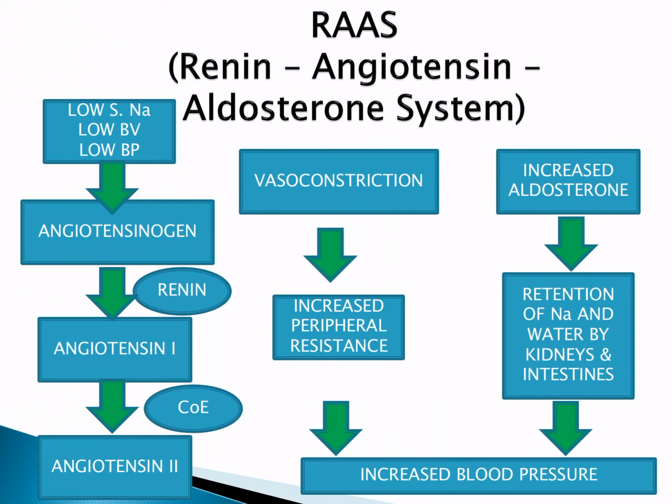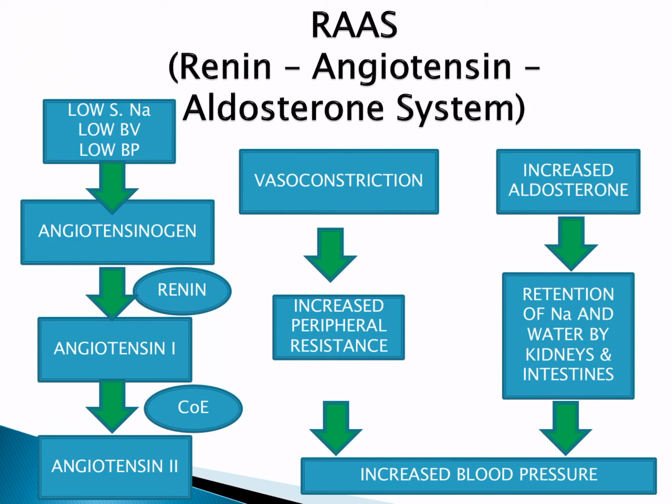That increases your peripheral resistance, and if there is an increase in peripheral resistance, your blood pressure will be increased. So the problem of low blood pressure will now be resolved.